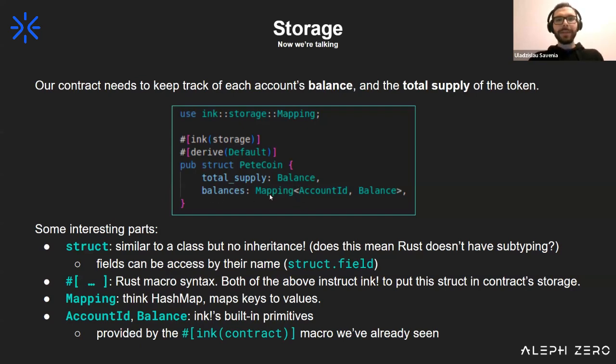And mapping as balances, which is basically your lovely hash map with account ID as key and balance as the value. And account IDs are also assigned on the chain for every account and every smart contract as well. So yeah, we don't need to worry about generating it as well.